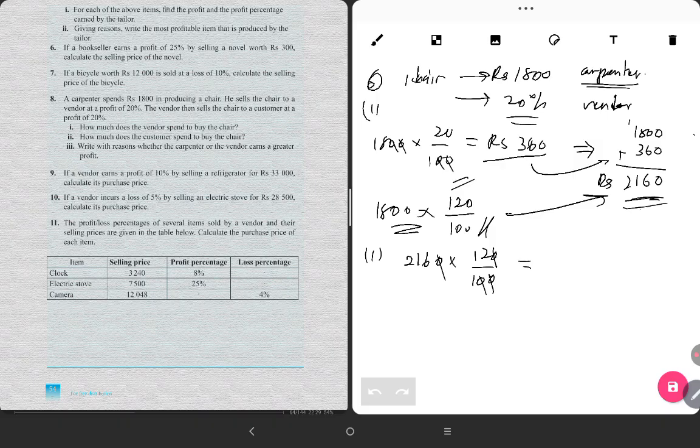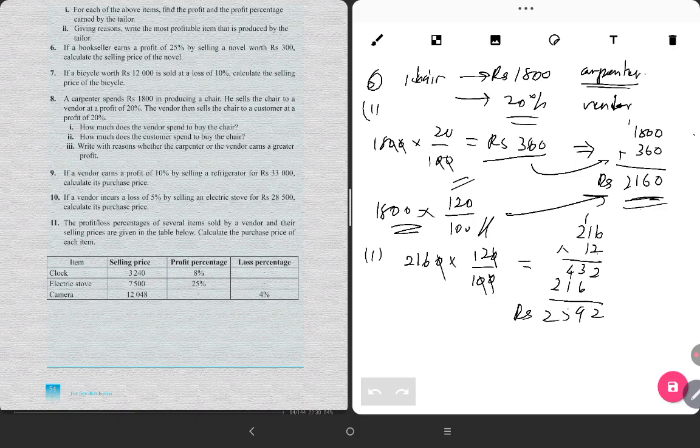How much is that? 2 times 6 is 12, 1, 2 times 1 is 2 and 1 is 3, 2 times 2 is 4, 432, then 1 times 216, 2592. The customer is buying at 2592 rupees.